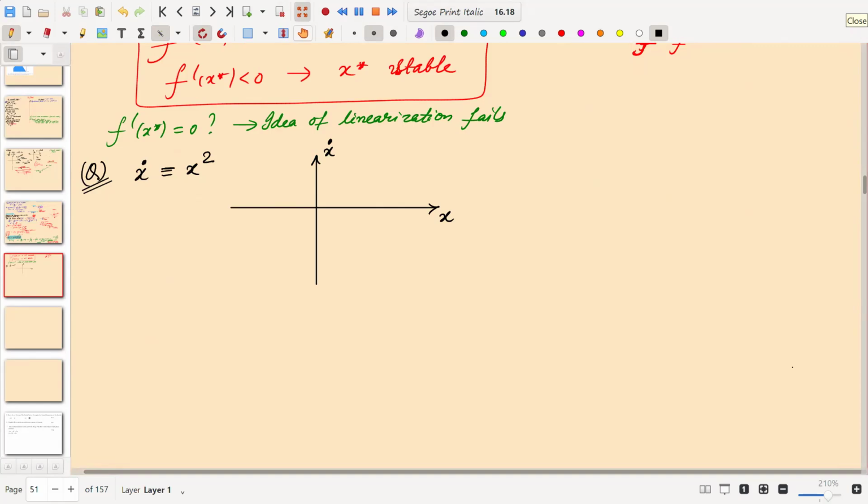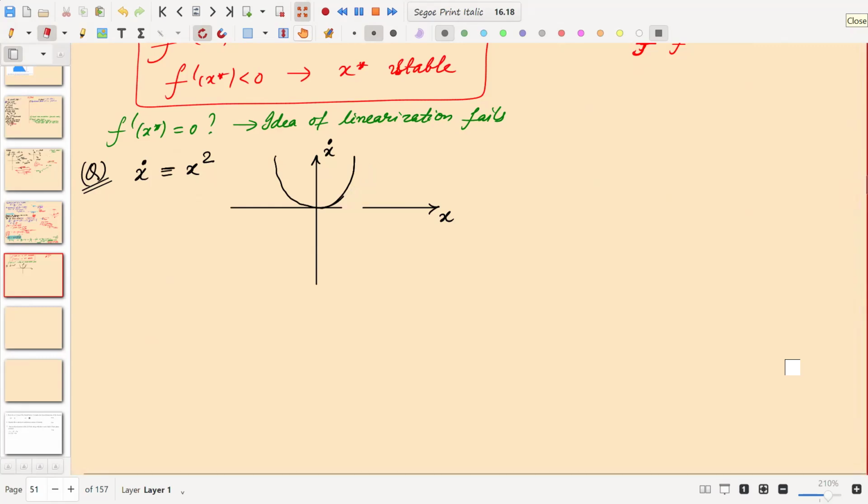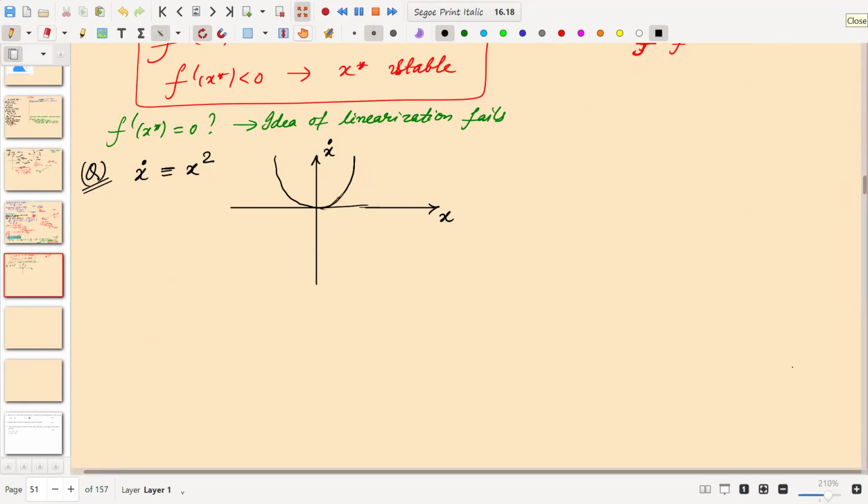It should be exactly symmetric like this. So this should be x dot equals x square, no?